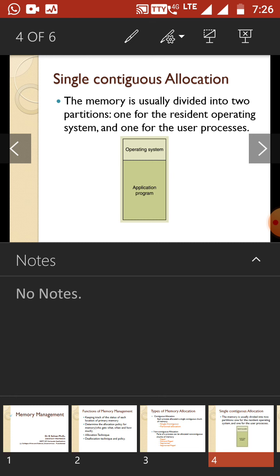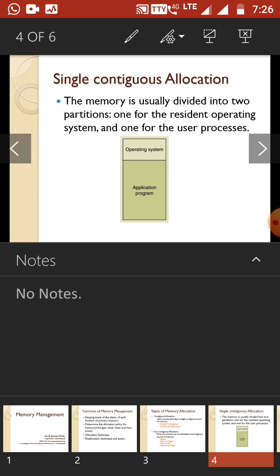Now let us understand single contiguous allocation. Single contiguous allocation means the entire user memory area, that is, the high memory area, is allocated for one user program at a time. This is the concept of single contiguous allocation. Are you clear?